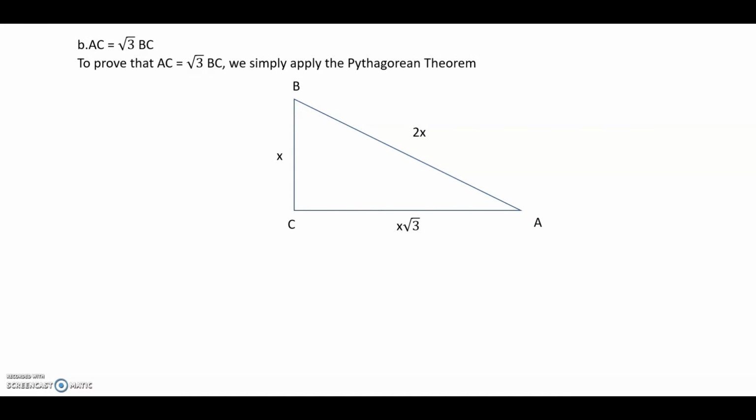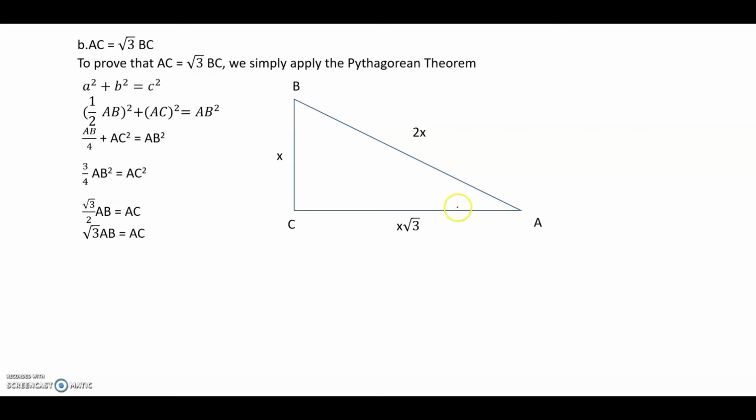So to prove that, we're going to apply the Pythagorean theorem. The Pythagorean theorem states that a squared plus b squared is equal to c squared.